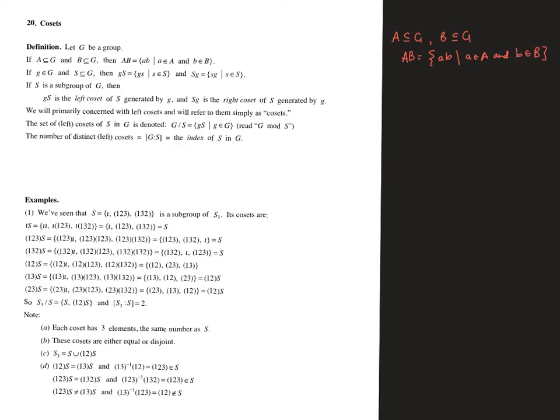For example, if I look at the integers and I have the subgroup of multiples of 2, let's make that A. So my group is G, and I have the subgroup generated by, let's say, 6.